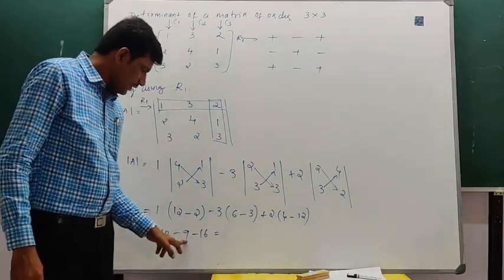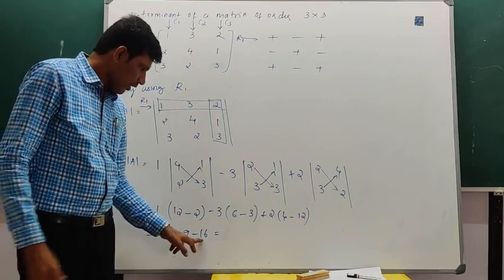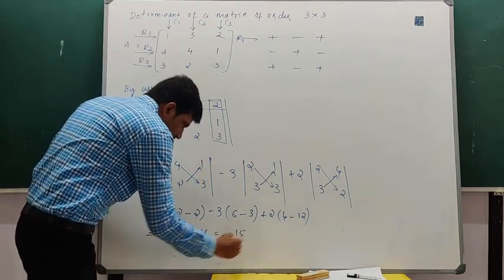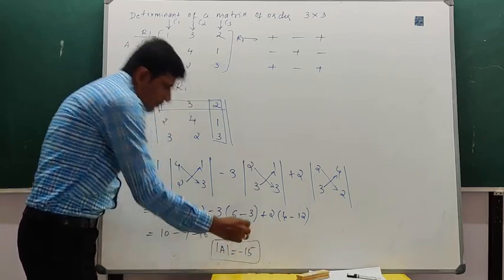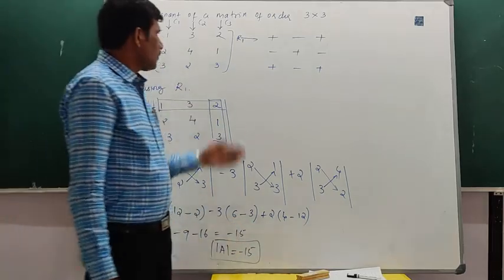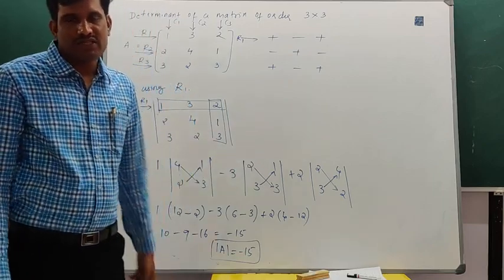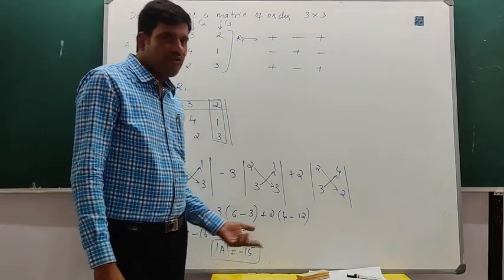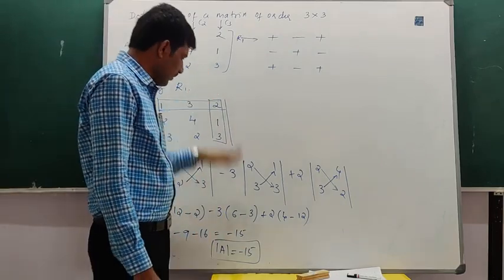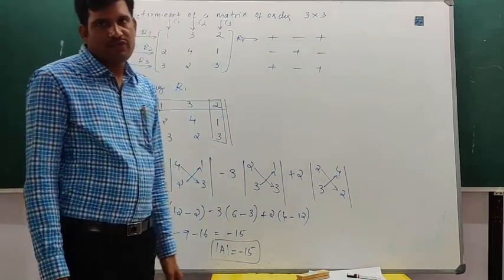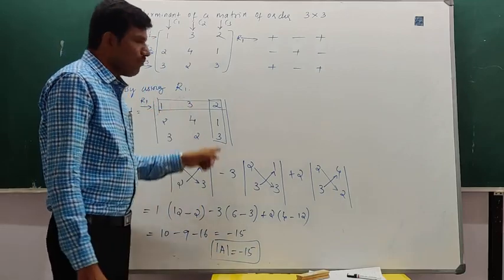So 10 minus 9 is 1. 1 minus 16 is how much? Minus 15. Therefore, the determinant of this is minus 15. Right? Every square matrix is associated with some real value, and this value we call the determinant. The determinant of this matrix is minus 15. Now, we are expanding by using R1.